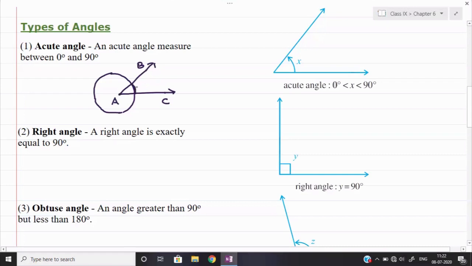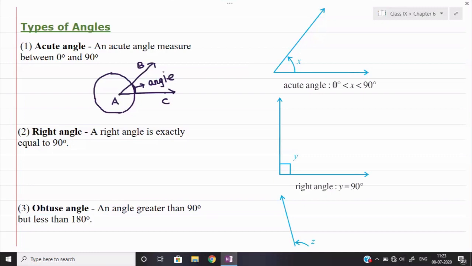Are you observing this part? I am talking about this particular part of the circle coming between the two lines, which is called the angle. Now this angle we can measure in degrees, with the help of your protractor, because the whole circle we can divide into 360 equal parts. So how many equal parts come in this angle, we can measure with the help of a protractor.